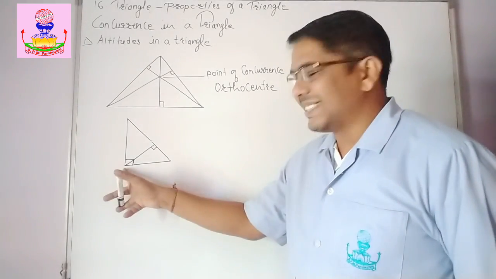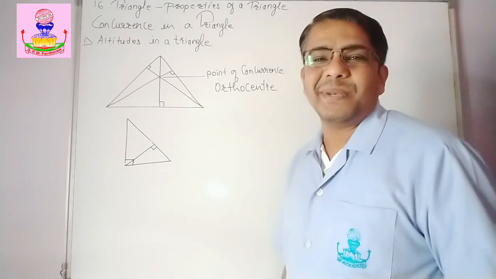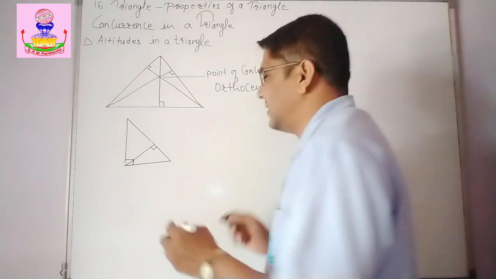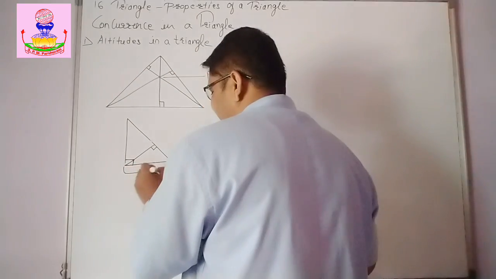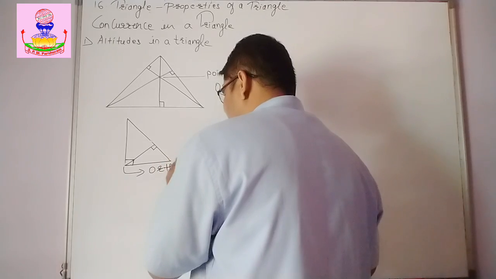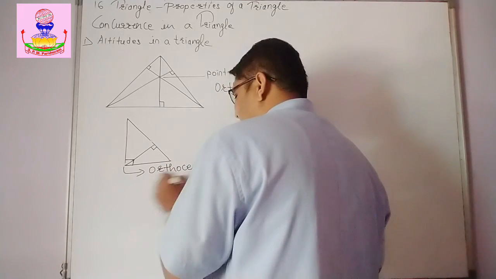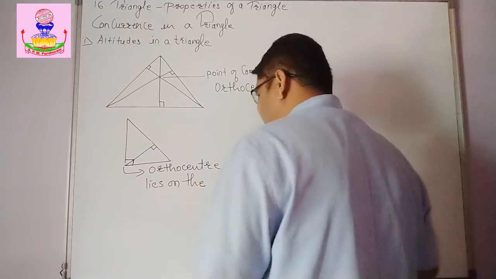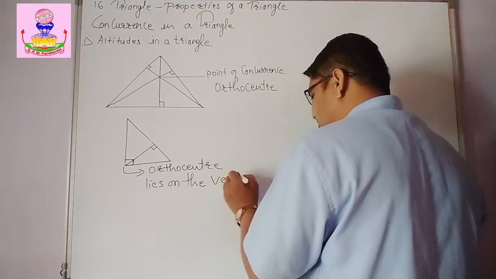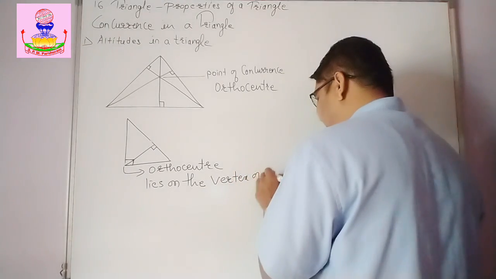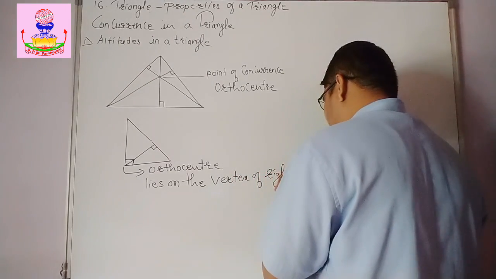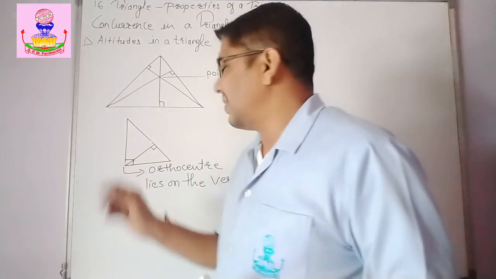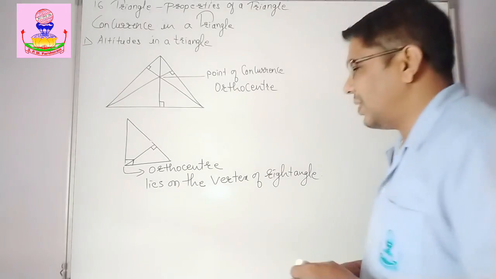So where do they meet? At the vertex where the right angle is made. So orthocenter is here. Orthocenter lies on the vertex of the right angle. Okay, so that is the orthocenter.